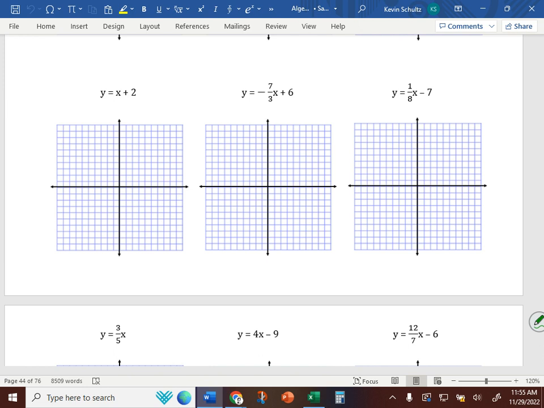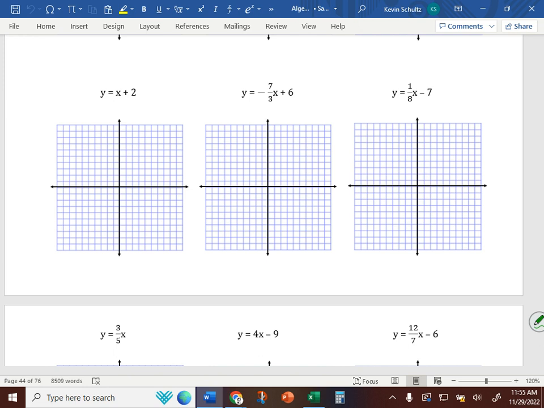So, first of all, it requires the understanding that when there's no number before a variable, what does it mean? What is the coefficient to x, even though it's not written? Who can remind her?